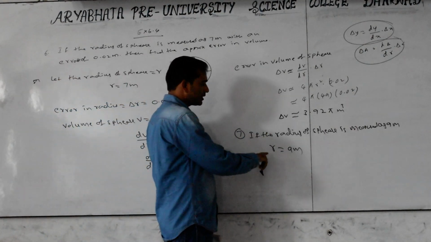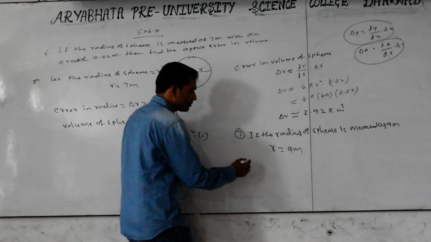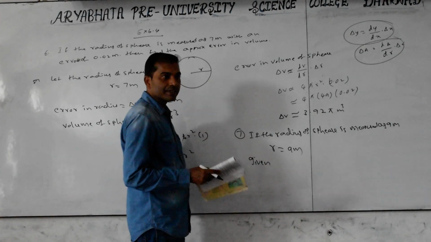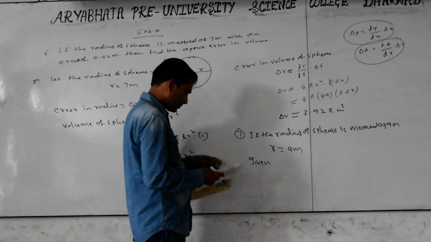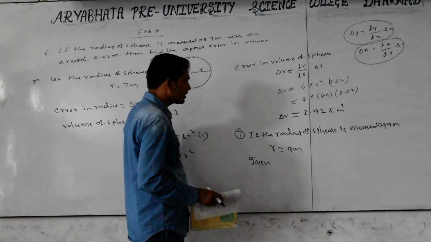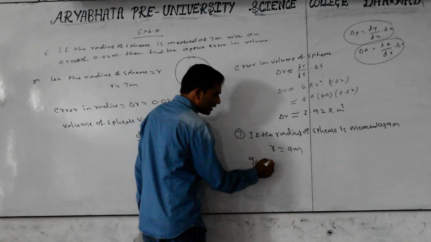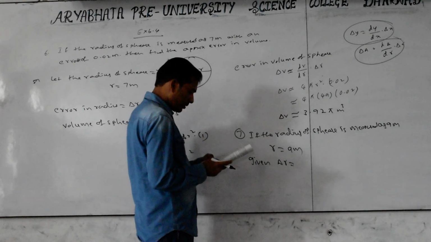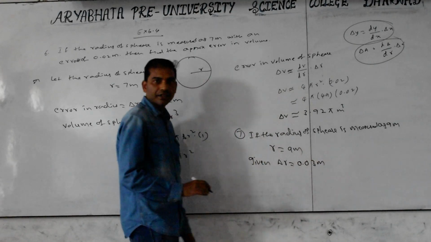The radius of the sphere is measured as r equal to 9 meters, and given that the error in radius delta r equal to 0.03 meters.